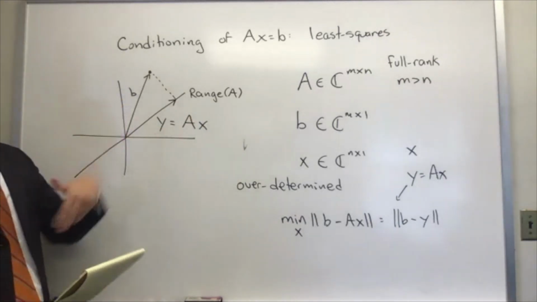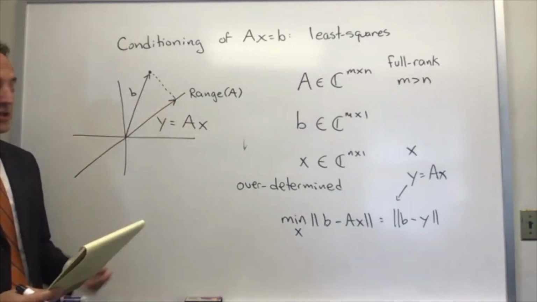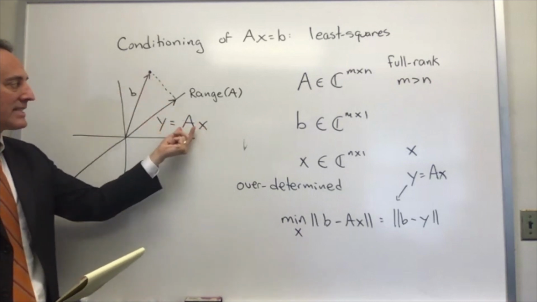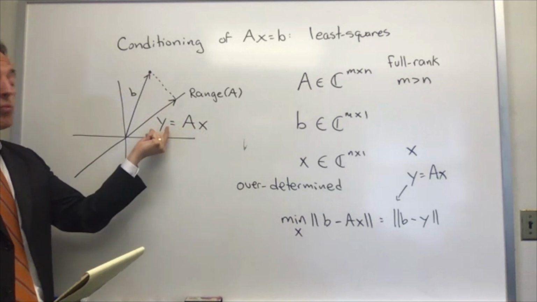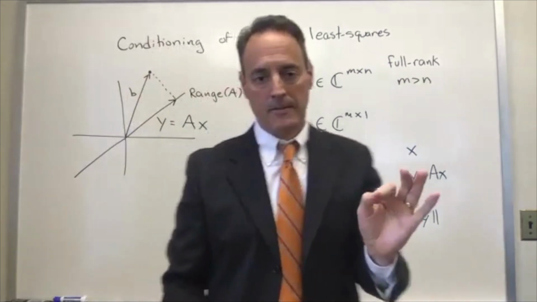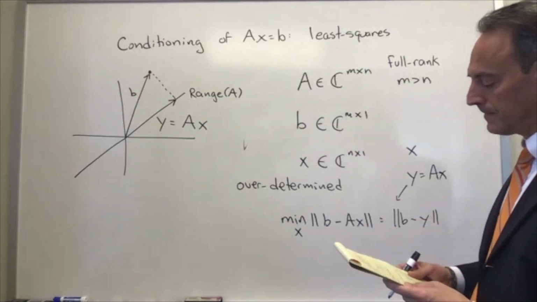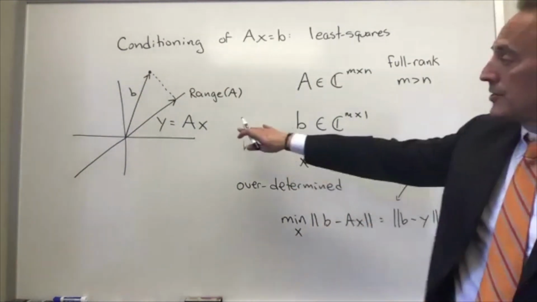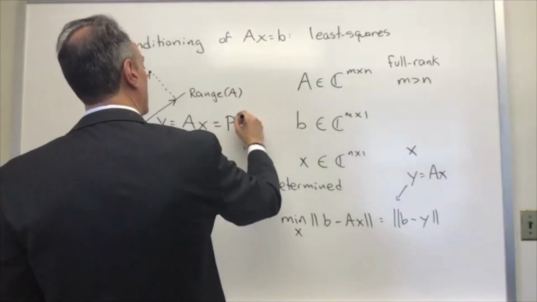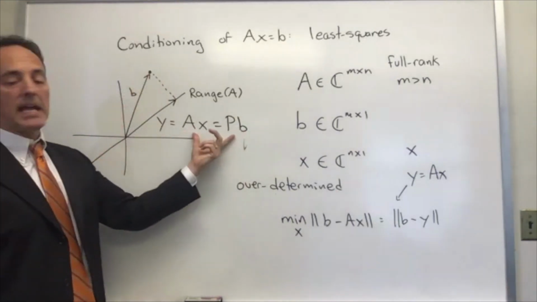Remember, it's Ax equal to b. If A hits x, then I'm going to live in this space here, because A has a range. This now says project into the range of A, which is y. And I want this y to best approximate that B. That is the entire goal of what you're doing here with least squares fitting. Another way to write this is that this is the projection of B onto this range space. That's another way of saying it.